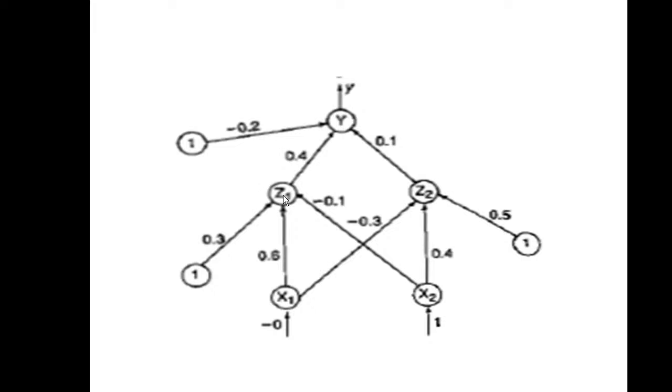Because on this Z1, three inputs are coming: the bias and x1 and the other input. So we write all these weights in the bracket. The first one is V11, coming from x1, which is 0.6. The next one is minus 0.1, and one bias is there, which is 0.3. This bias is denoted by VO1.